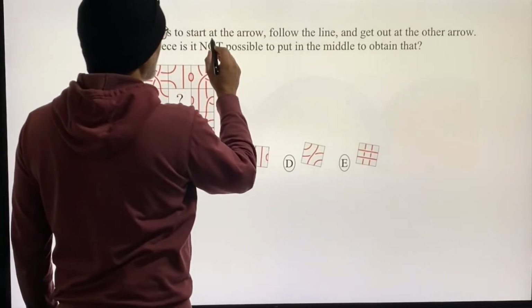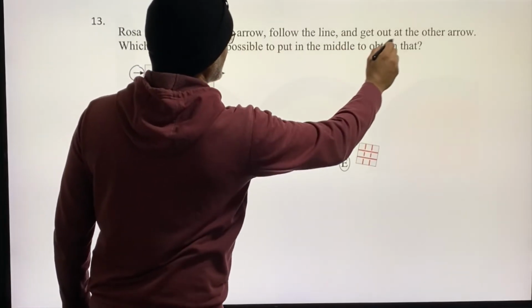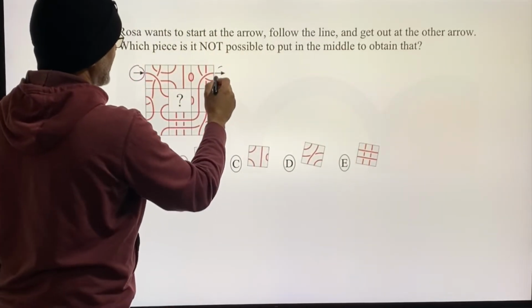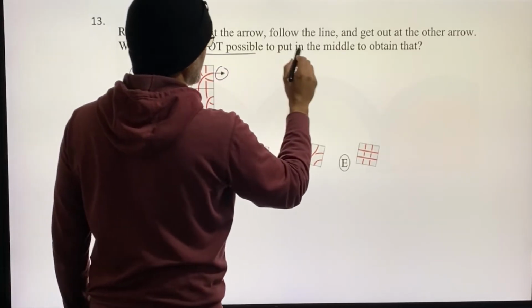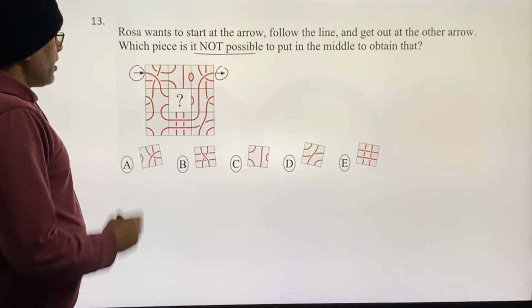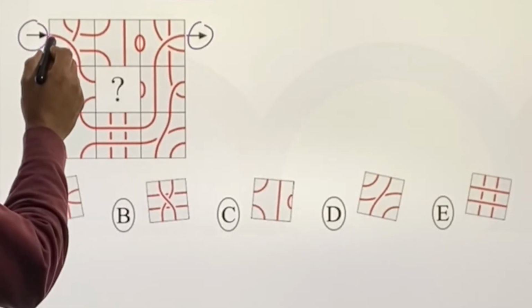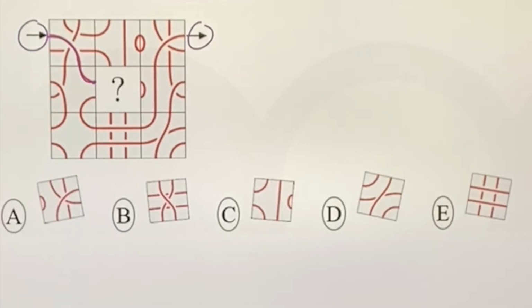Rosa wants to start at the arrow, start here, and follow the line and get out at the other arrow. Which piece is not possible to put in the middle to obtain that? All right. So we want to start here. This is where we get stuck.